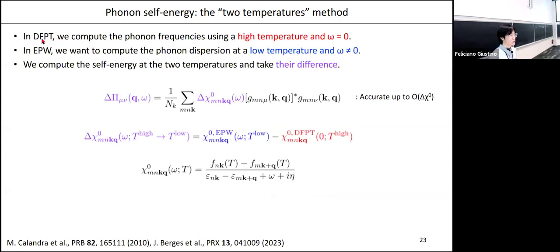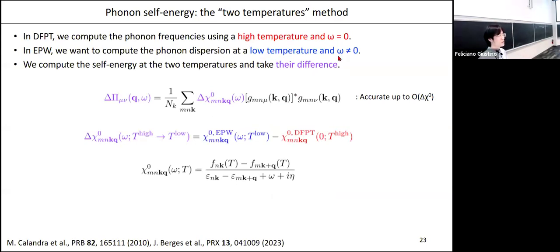But in DFPT, you make certain approximations, like the approximation of high temperature due to a limited k-point sampling. And also you do a static calculation, or you use the Born-Oppenheimer approximation, so you calculate everything at zero frequency. Using EPW, we would like to calculate something that mimics experiment. So we want to calculate the self-energy at low temperature and at finite frequency, typically that of the phonons.